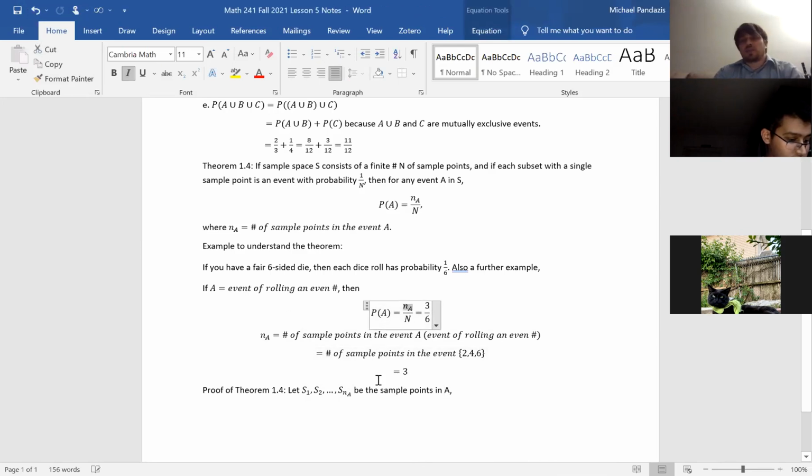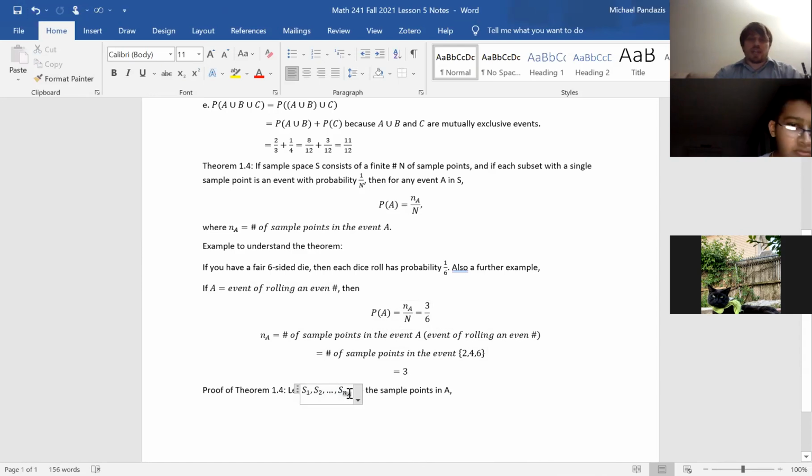And so if you were to list those n sub A sample points, then you could use subscripts to represent each one. So you could have the first sample point, the second sample point, the third one, up to including the n sub A-th sample point. n sub A is the total number. And so the last index starts at 1 and ends at the n sub A-th one. So those are the sample points in A.